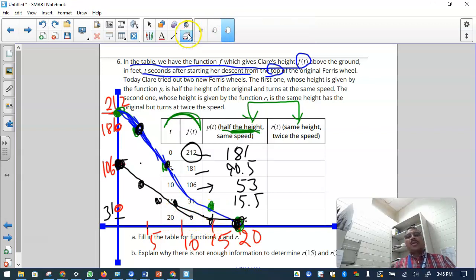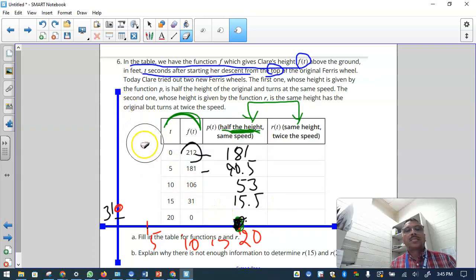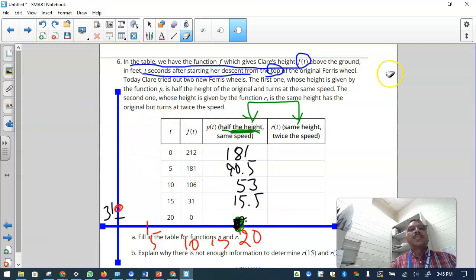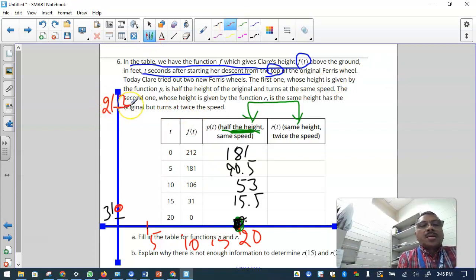Now the next is, so let me take this up and use a nice one. So as I said, this was 212. Then half was here, 106. That was 81.